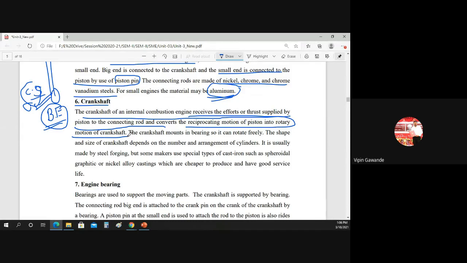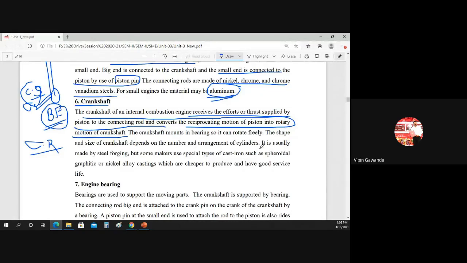So which part of the internal combustion engine converts a reciprocating motion of the piston into rotary motion of the crankshaft? That is our connecting rod. Okay, so that is very important. That you have to remember.